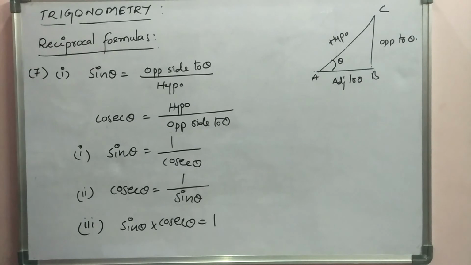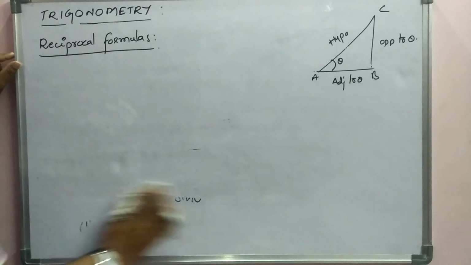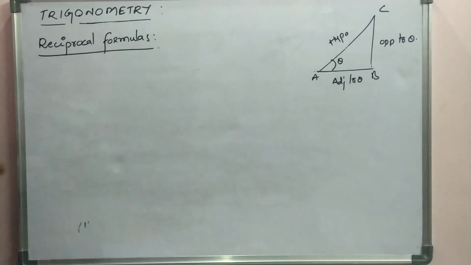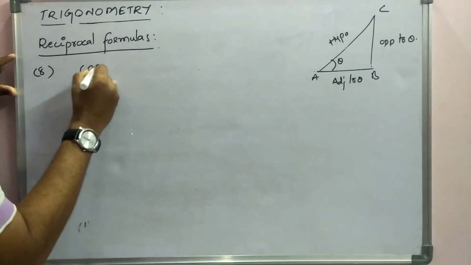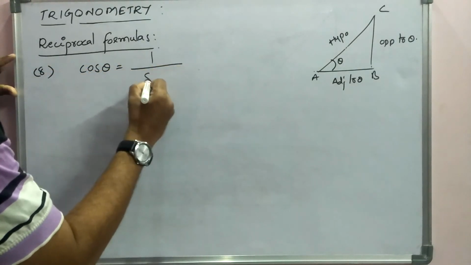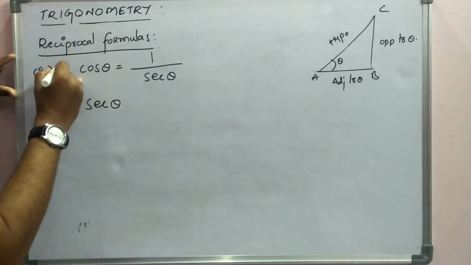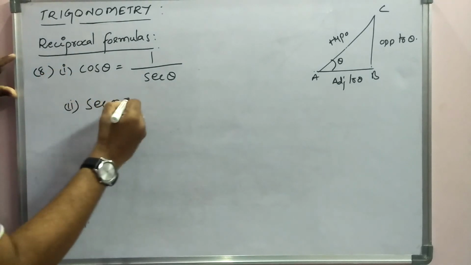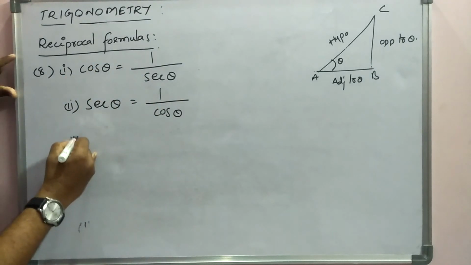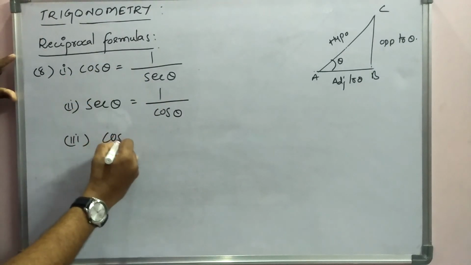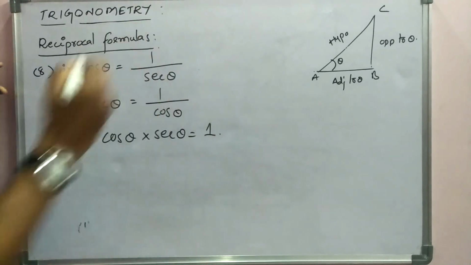Like this, we see some more reciprocals. Formula number 8: cos theta is the reciprocal of secant theta. Similarly, secant theta is equal to 1 by cos theta. Therefore, by cross multiplication, cos theta into sec theta is equal to 1.